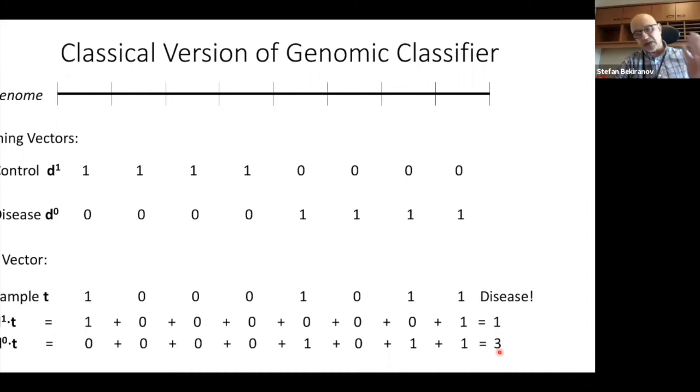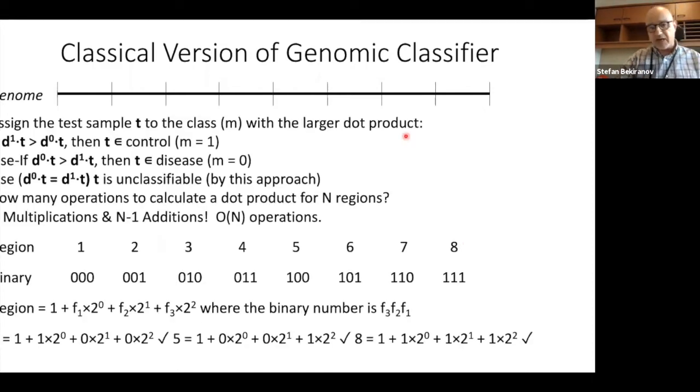Now, using a simple dot product classifier can only be done with highly separable data. That's what I'm going to be talking about today. But I'll also at the very end describe how we can maybe build classifiers that are more complicated and powerful. All right, so here's now, in slightly more formal mathematical language, what this classifier does as a simple algorithm. If the dot product between the control and the test is greater than the dot product between the disease and the test, then I'm going to classify the test as control.